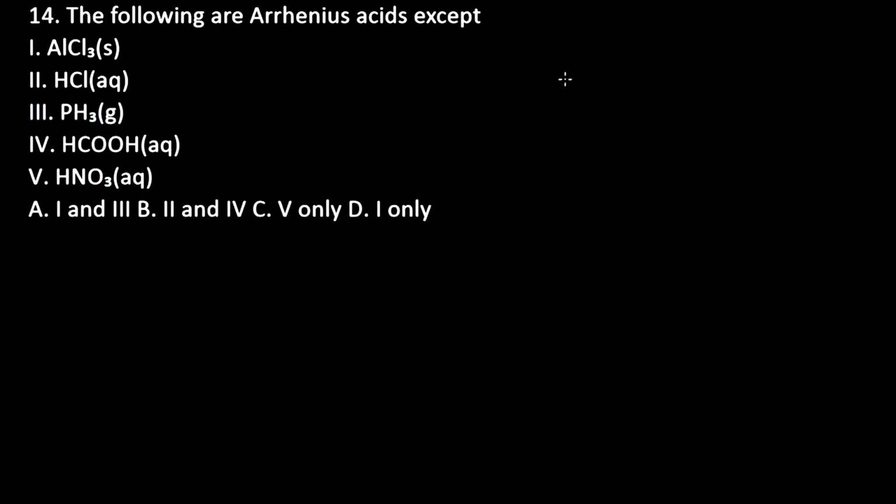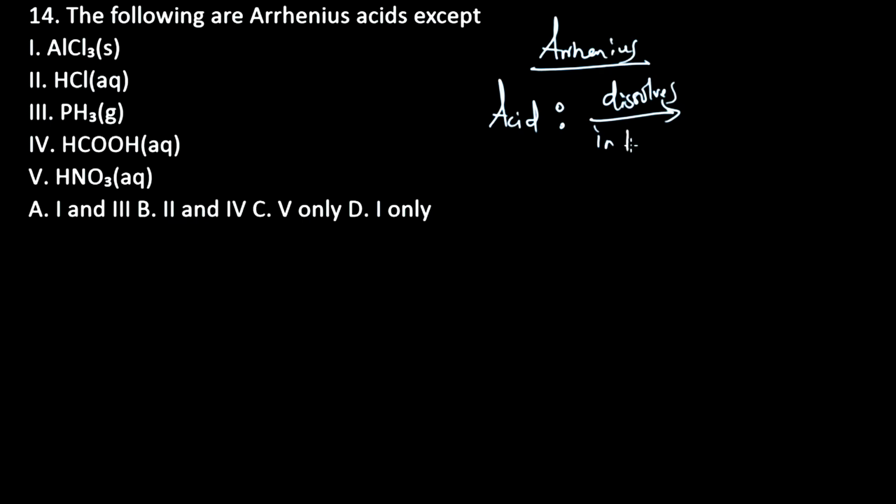So let's look at this question. The following are Arrhenius acid. Let's take the Arrhenius definition of acid. Arrhenius defined an acid as a substance that dissolves in water to give hydrogen ion or hydroxonium H3O plus ion. So for it to produce hydrogen ion, there must be hydrogen in the formula.